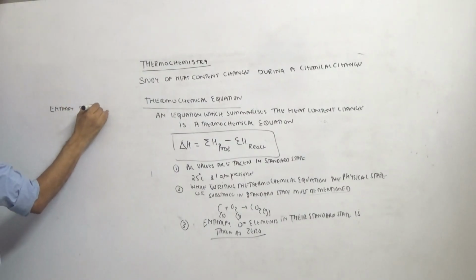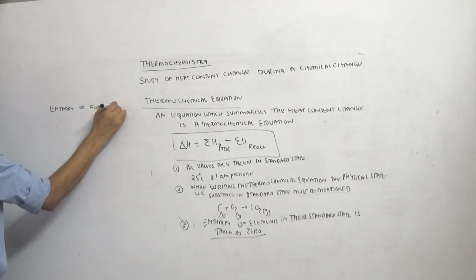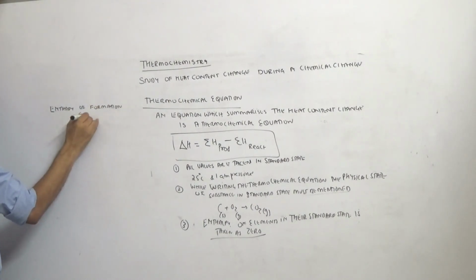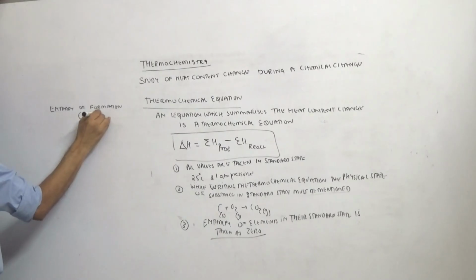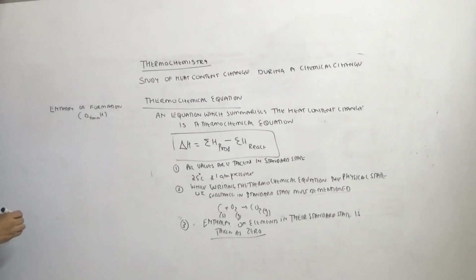Enthalpy of formation. So that is called delta formation H. What is the definition of enthalpy of formation?